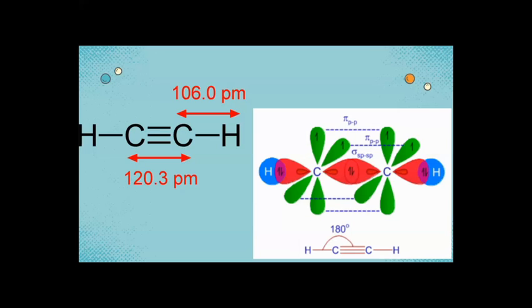Otherwise, if you look at the overall shape, the bond angle is 180 degrees, and this is the molecular form, the Lewis theory concept. So you can get the idea that the overall angle is 180 degrees. The shape is linear. Linear means straight.